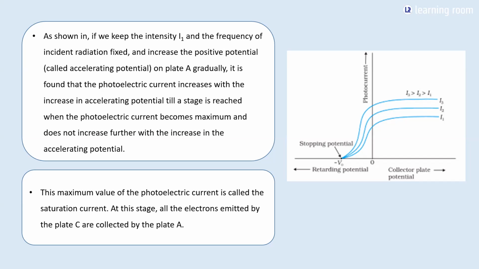That is why in this case, we will be trying to see what will happen when you increase the potential of the anode in a positive way, and what will happen when you increase the potential of the anode in a negative way also. I'll come to that. Now we are discussing only the positive. Listen to this. When the collector plate's potential is given a positive value, forget about these 3 graphs for a moment.